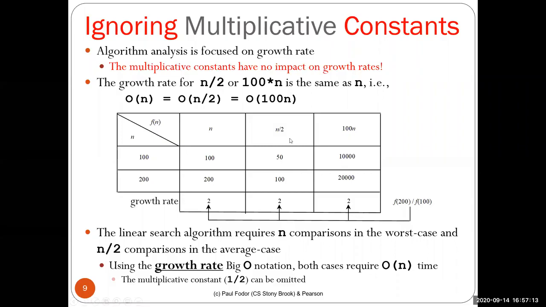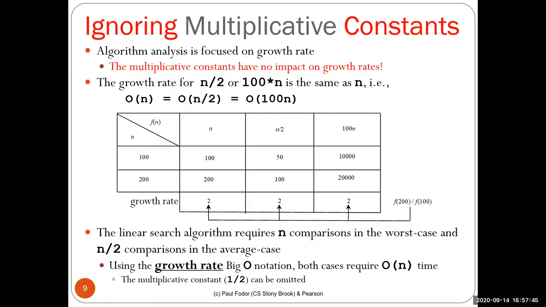But looking at the growth rate, if we double the size of the input from 100 to 200, we also double the number of comparisons from 50 to 100. So the growth rate is still 2, no matter if we divide the number by 2.